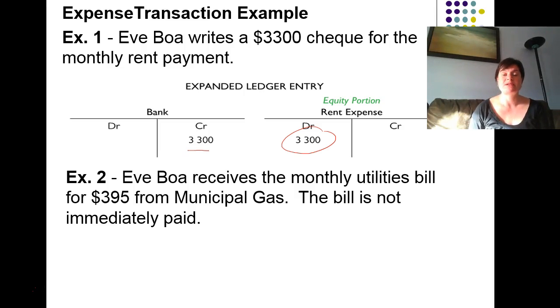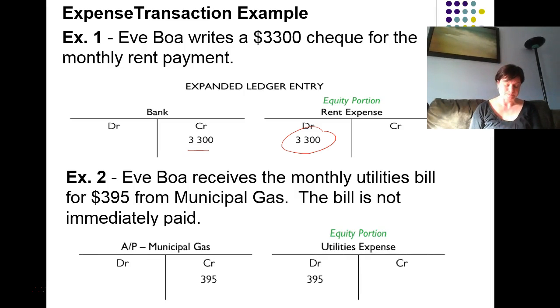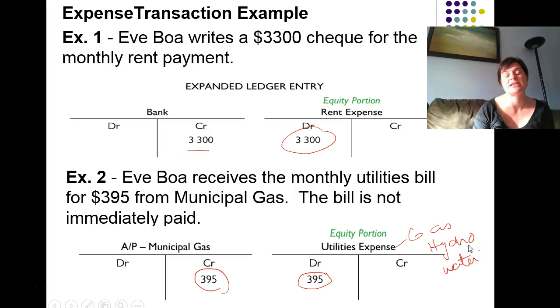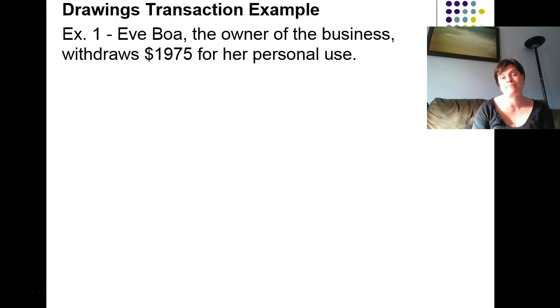Well, before, when it was a bill or an expense, we would debit capital. But in this case now, we have our new expense accounts. So credit municipal gas, accounts payable, and we're going to debit our utilities. This includes gas, hydro, water, and so on, all of our utilities. And we're going to debit that because, again, we know that expenses decrease capital, and therefore they're debited.